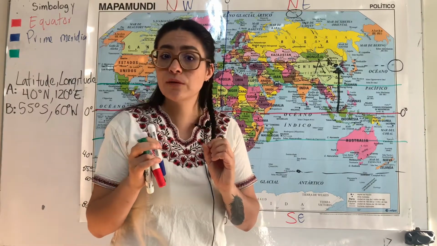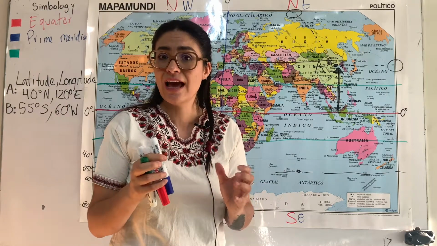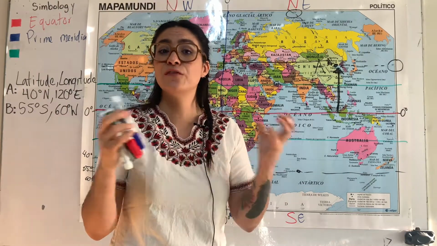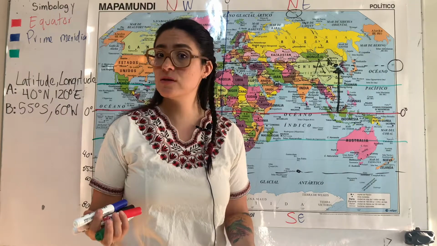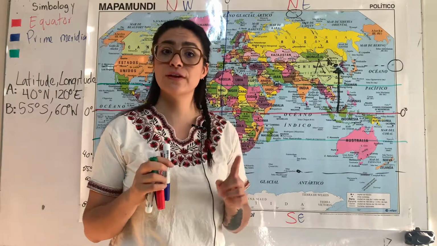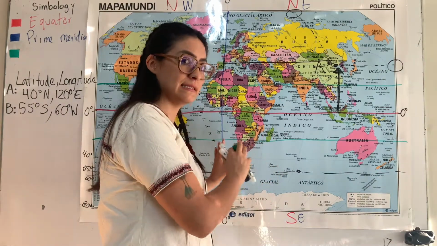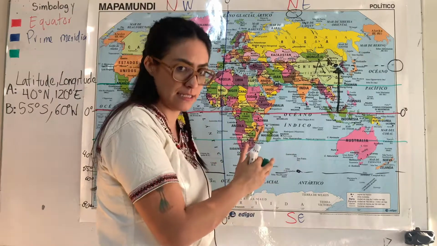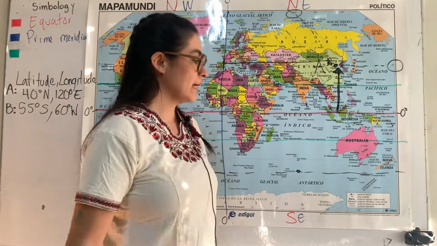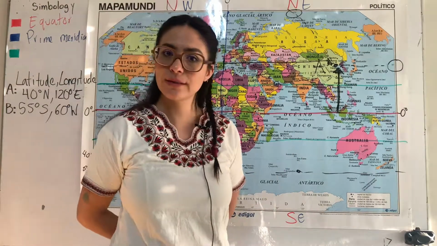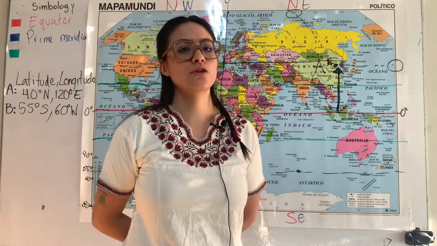Remember that everything that we're using is basic geometry and it's related to a sphere, because we are not representing something flat, we are representing a sphere in a flat system. Okay, so if you have any questions about this activity, just ask me.